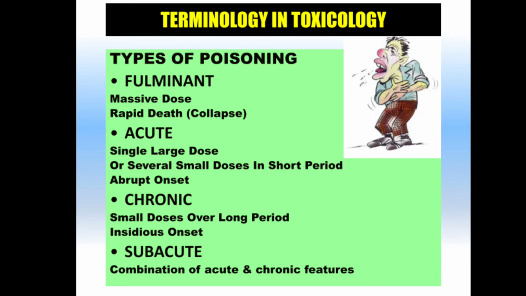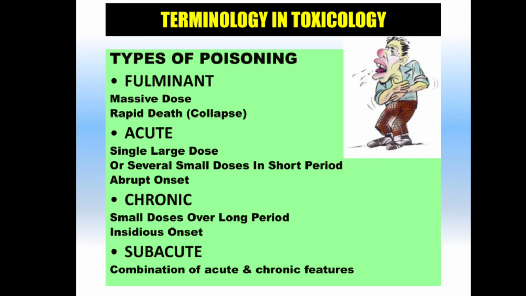Fulminant poisoning is a massive dose taken of a chemical or drug or toxin, whatever, xenobiotic, that causes rapid death with collapse. Whereas acute poisoning is where a single large dose has been taken, not really a massive dose, it's all relative. Or it may be several small doses taken in a short period of time.